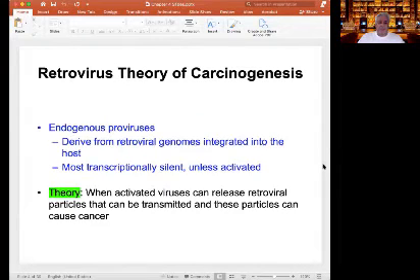And that led to the retroviral theory of carcinogenesis, which says that endogenous, that means residing, retroviruses that live within the chromosomes of our genomes, they are responsible for generating cancers whenever they are activated, right? So endogenous proviruses is simply a state in which the virus is integrated into the chromosomes of the host cell.